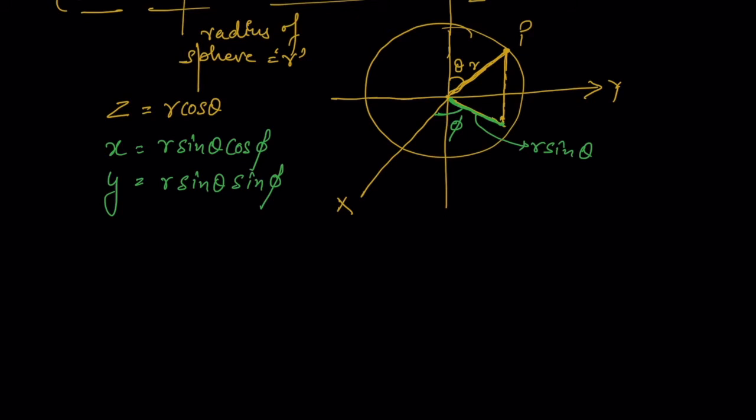If we use these x, y, z in the rectangular coordinate system equation, we can get the spherical coordinate system equation.